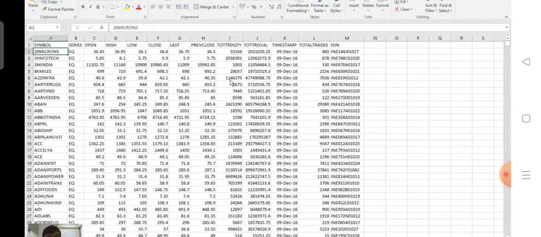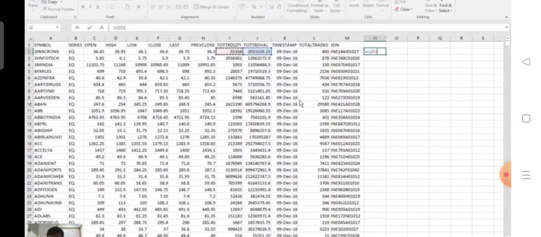That's how many shares have been traded today, and this is the total value of the shares traded. If I divide it by the total traded quantity, this is the average traded price of that stock for the day. Okay, and this is the total number of trades which have happened. The higher the number of trades, the higher is the interest of people in that particular stock.